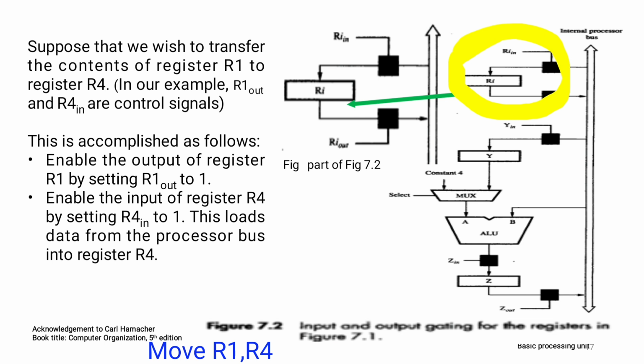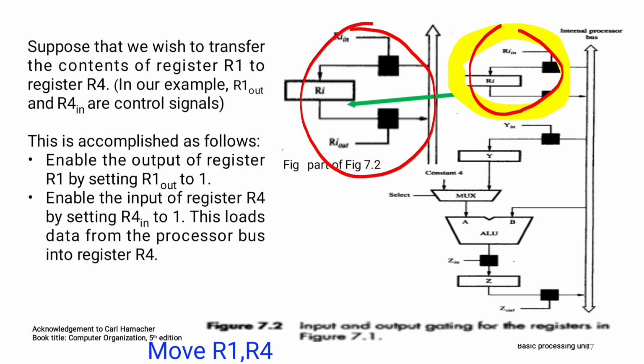So enable the output of register R1 by setting R1 out to 1. Any register, this is just magnified here. If you take R1, it has to give out because the content of R1 has to be copied to R4. So the R1 out control signal has to be given to R1.